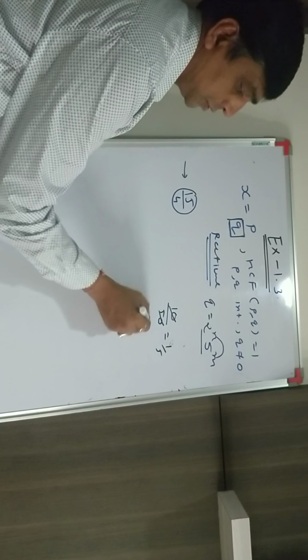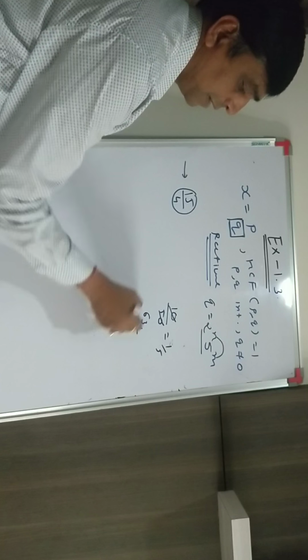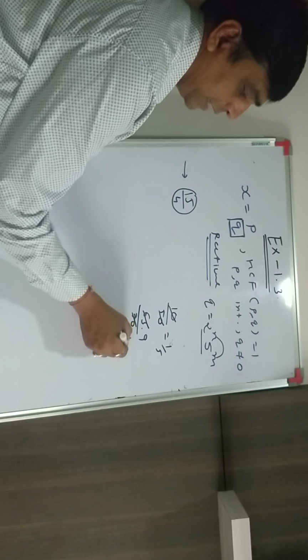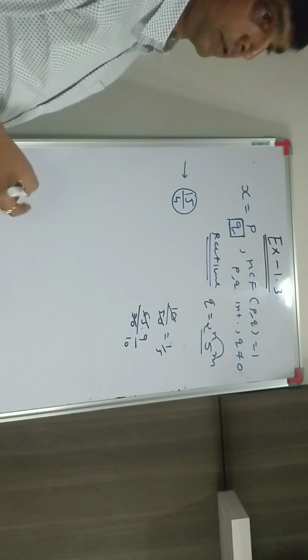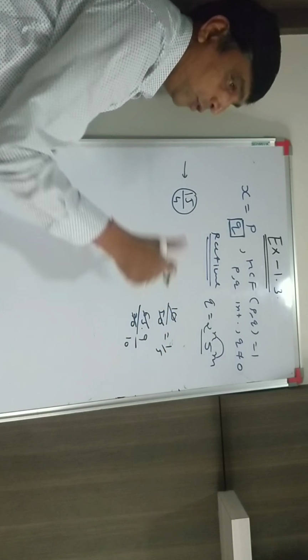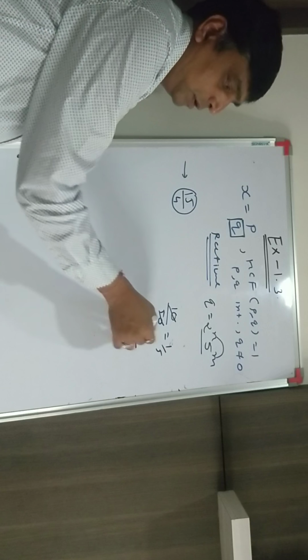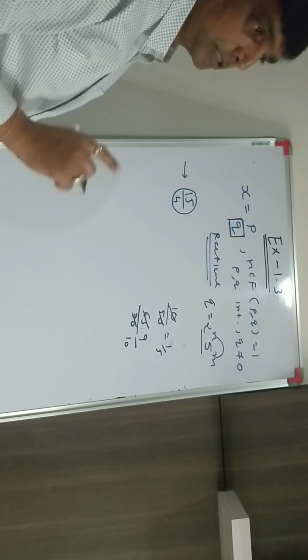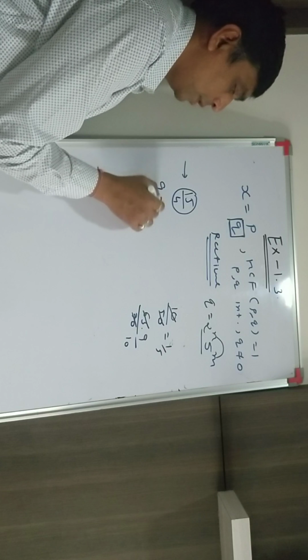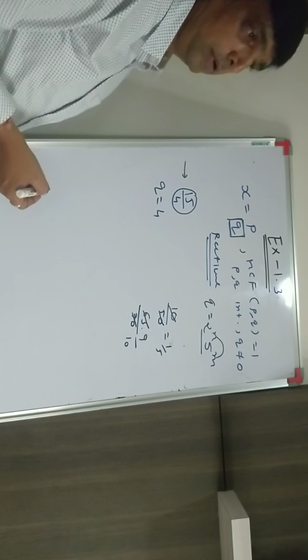If I say 63 by 70, then 7 nines are 63, 7 tens are 70, so 9 by 10. First you have to simplify. Between 1 and 5 no common factor other than 1. Similarly between 9 and 10 GCD is 1. 15 by 4, no common factor other than 1.